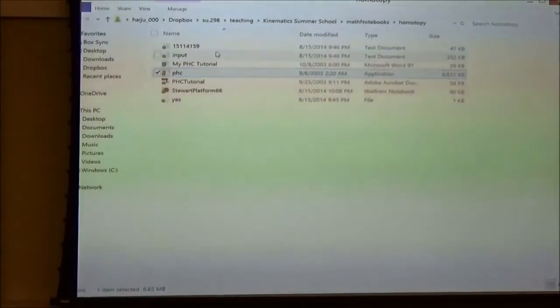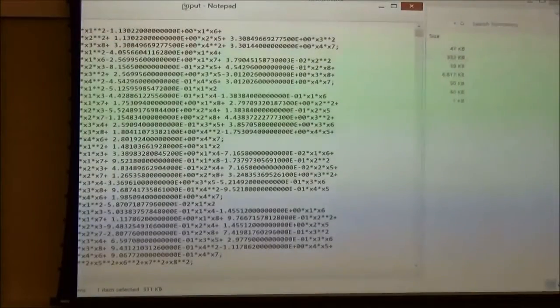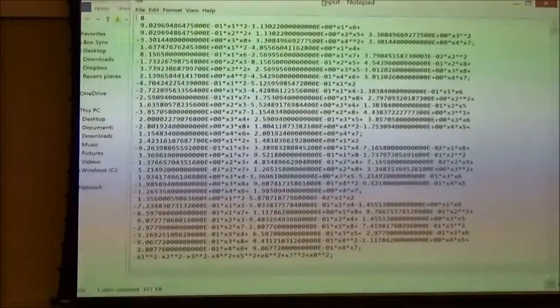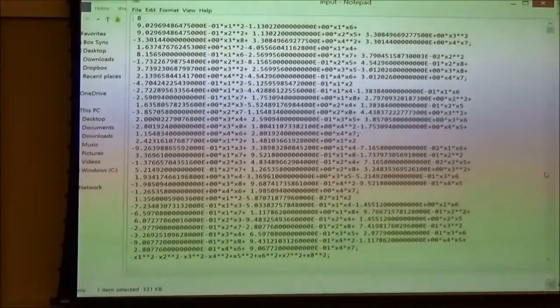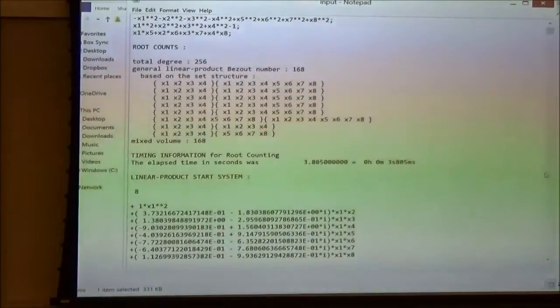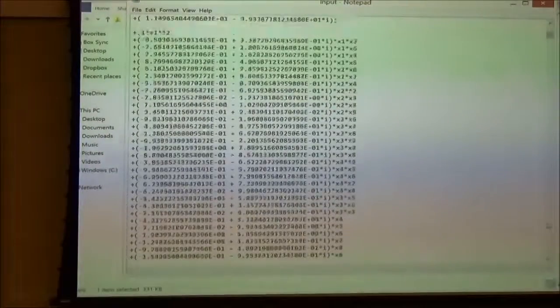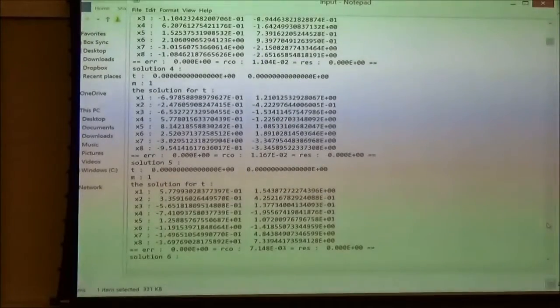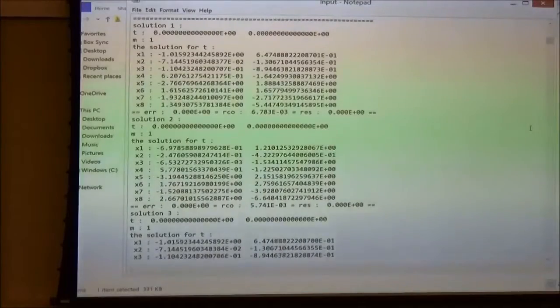But the solution file of the solver looks like this. It actually tries different start systems and finds the best start system for you. It's quite automatic. So the beginning is actually the solution to the start system.